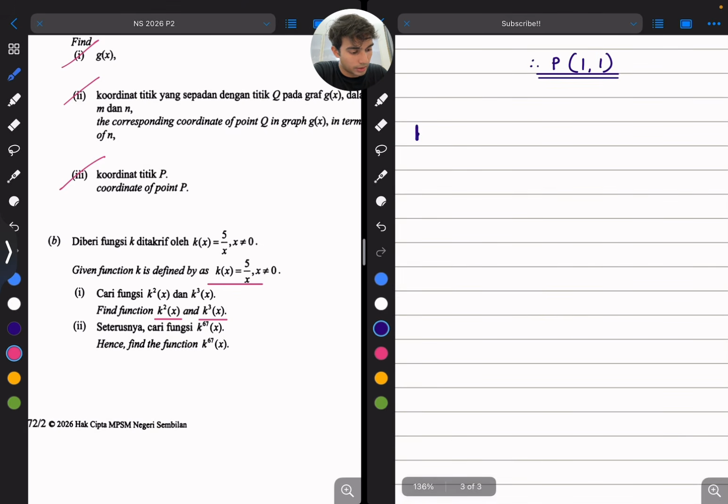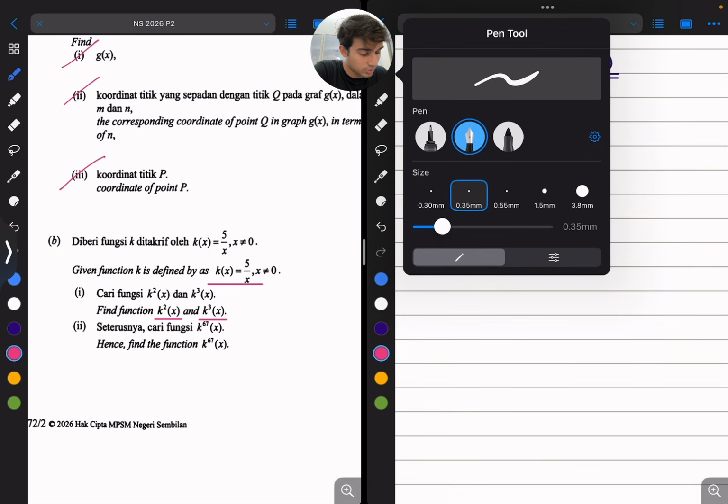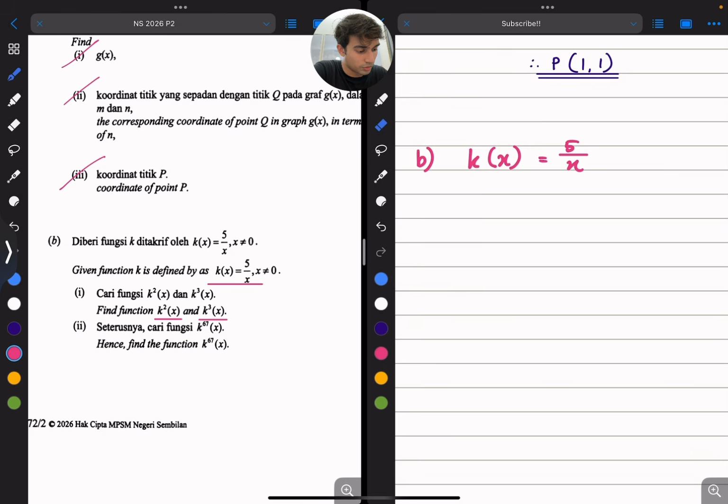Let's do B. So k(x) is 5 over x, where x cannot be 0. This is the condition, because when you have x in the denominator, your denominator cannot be 0.